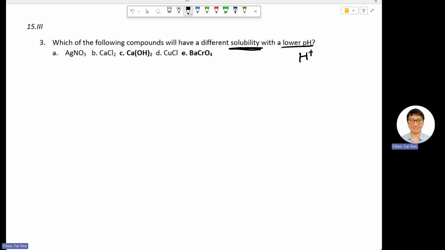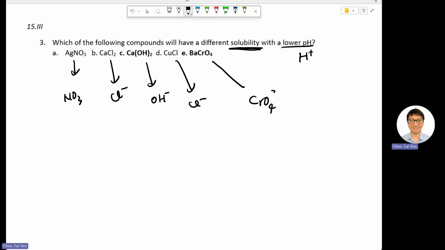Since you see this keyword solubility and also the pH, then you know it's testing you on the effect of pH on solubility. Then you need to first identify the anionic species inside your salt. This one will be NO3 minus. This one will be Cl minus. This one will be OH minus. This one will be Cl minus. And this one will be CrO4 2 minus.